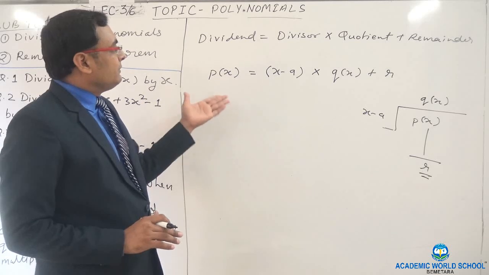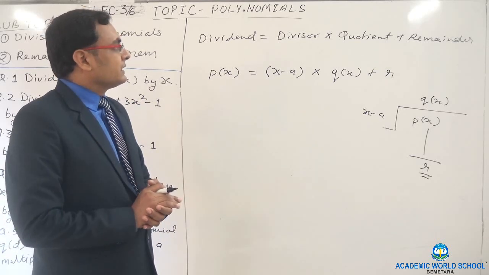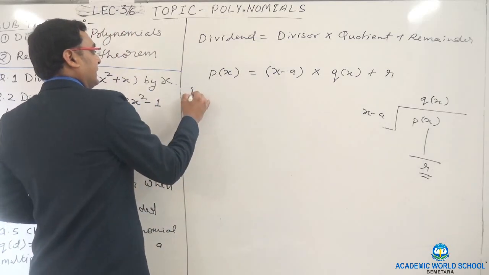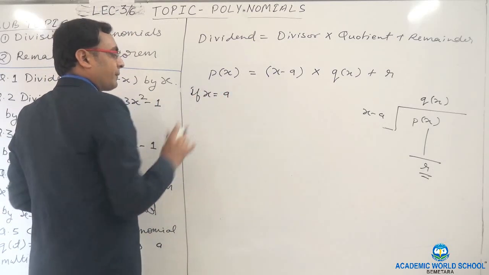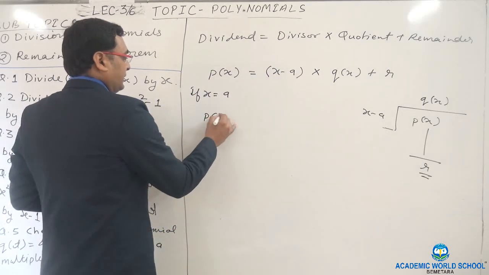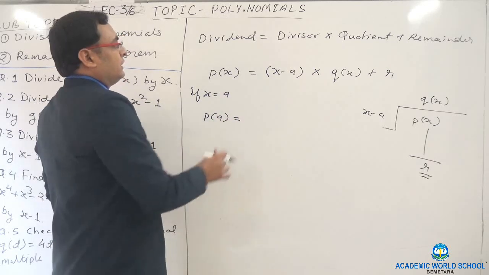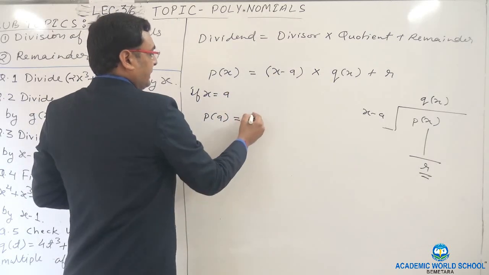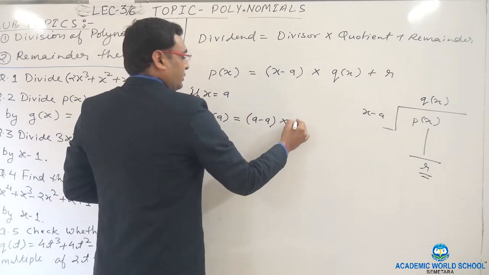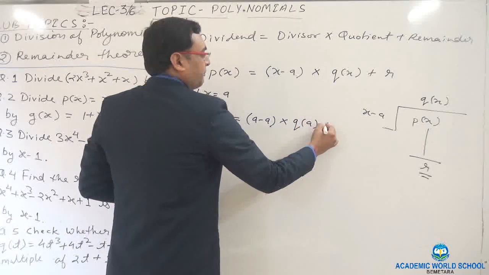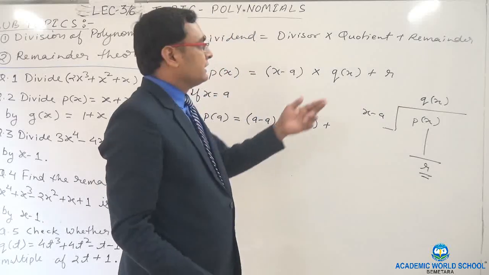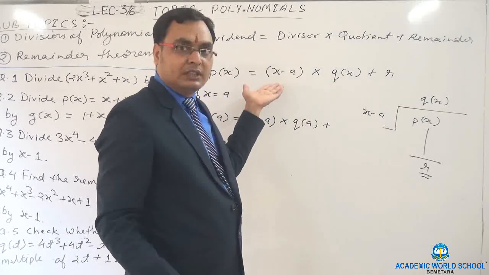Now, what will be the value of these polynomials when x is equal to a? Look at here. If x is equal to a, then the value of this polynomial px will be equal to pa, which is equal to, look at this divisor, put here x is equal to a. You will get a minus a into this quotient, which will be qa, plus the remainder. You know the remainder is a constant polynomial because its degree is always less than the divisor, which is linear.